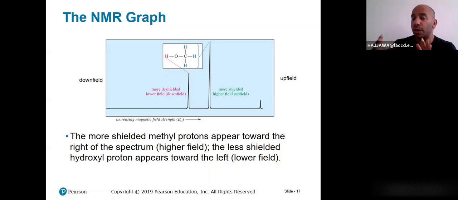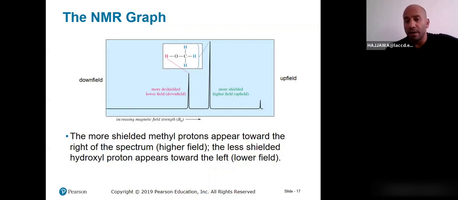The hydrogens that show up closer to 0 ppm usually are surrounded by less electronegative atoms, if any. The hydrogens whose peaks show up on the left-hand side of the spectrum, which is called the downfield area, are surrounded by electronegative atoms.